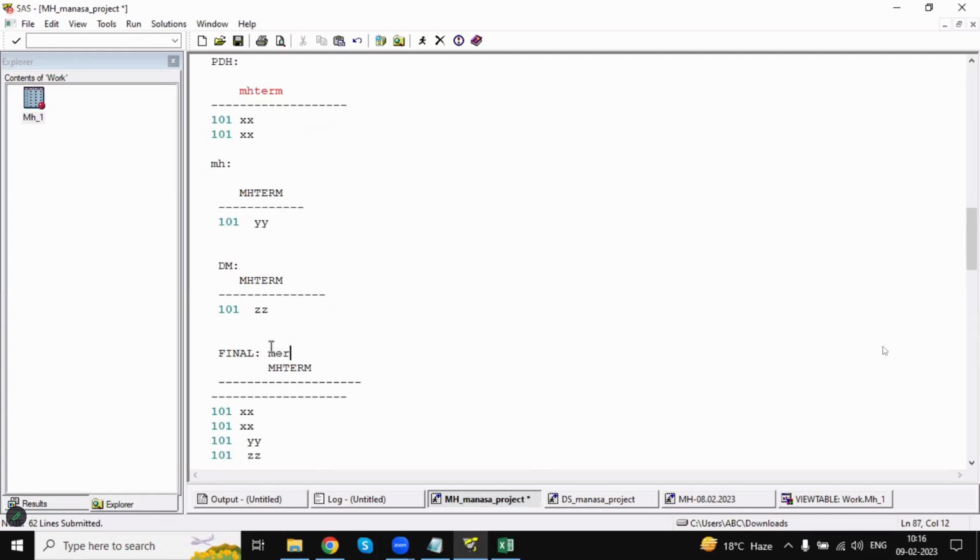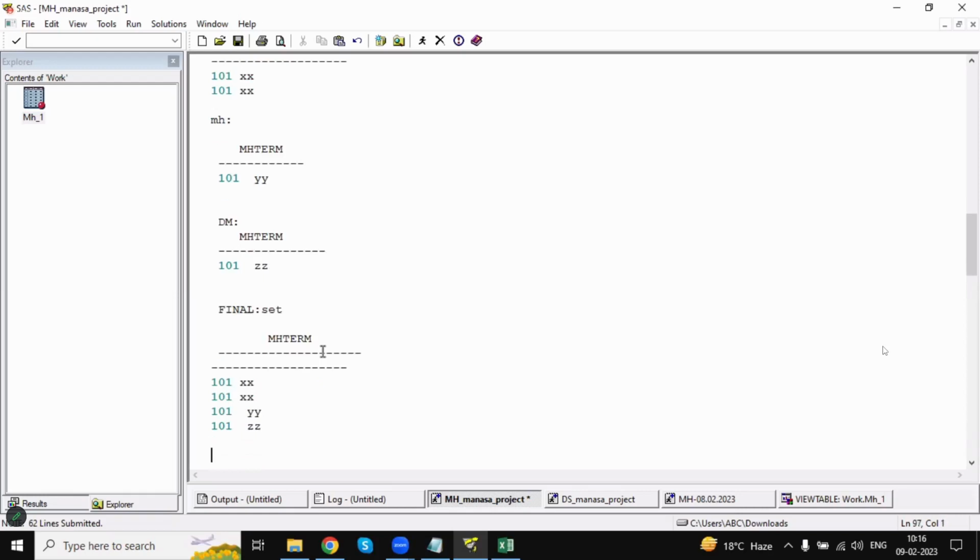If you merge or if you set, which one do I have to do? I have to do the set. Why am I not using merge? If we merge, in the 101 place the values will come side by side, right? It is not vertical.